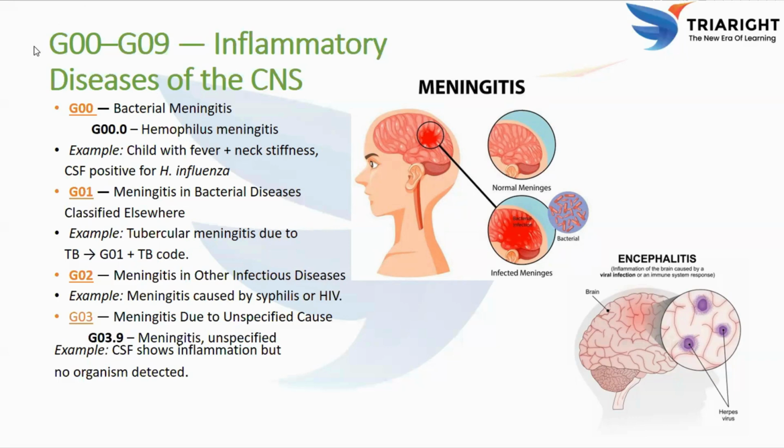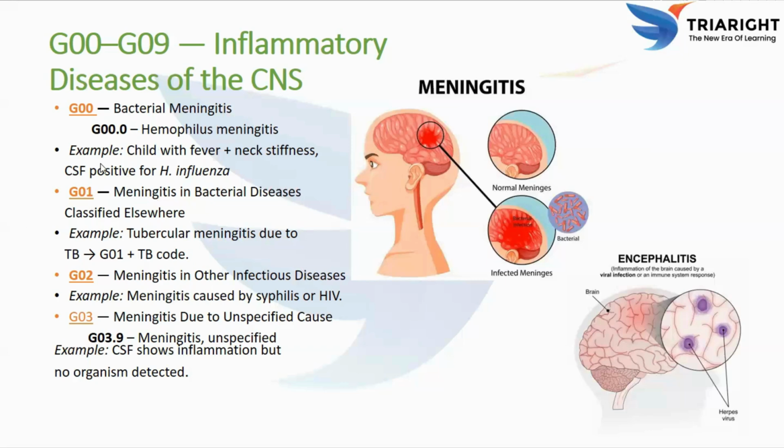Other subcodes like G00.1 and G00.2 etc. identify other specific bacteria. Each and every category has a specific bacteria. Coming to G01, it's meningitis in bacterial disease classified elsewhere. What do you mean? It is used whenever the meningitis is due to another bacterial disease that has its own code.